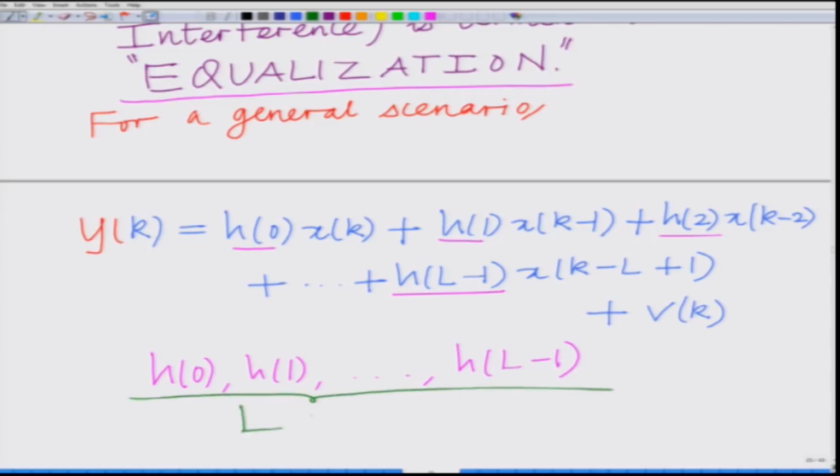These are basically your L channel taps. Okay. So, we are saying for a general system with intersymbol interference, yk equals h0 xk plus h1 xk minus 1, so on and so forth until hl minus 1 times xk minus l plus 1 plus the noise sample vk, and therefore, you have L channel taps h0, h1 up to hl minus 1.